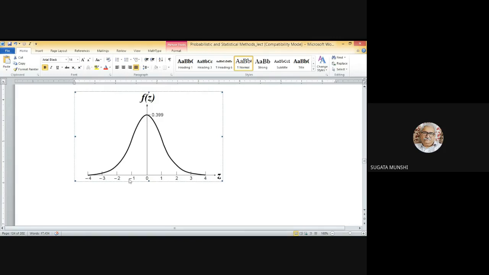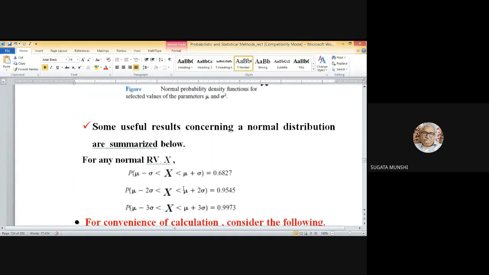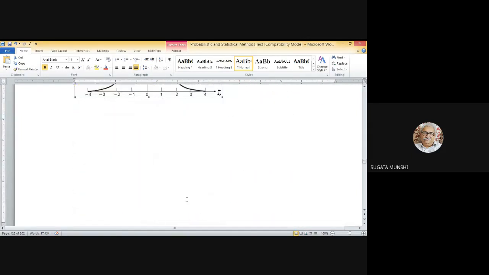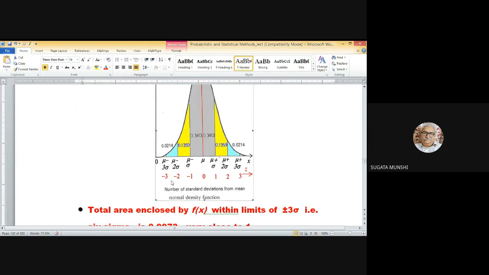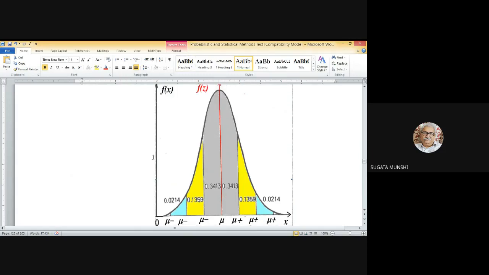Need not label this z-axis, these markings. Whatever I have said here, this part, I have depicted in this figure, that is to follow. So just see here, I have considered two cases. When this is the axis, this plot is for small fx.